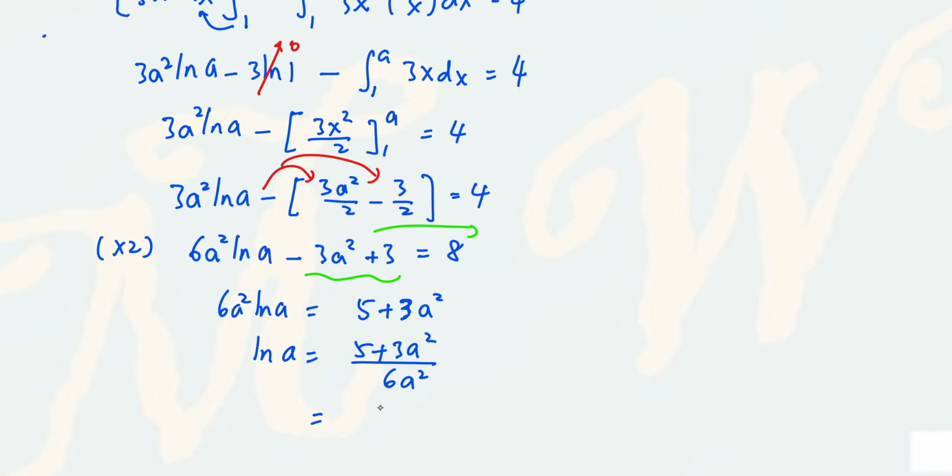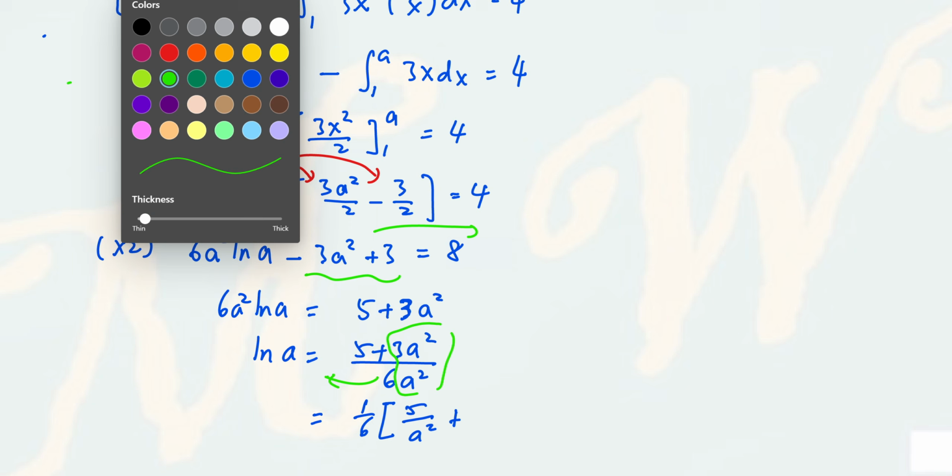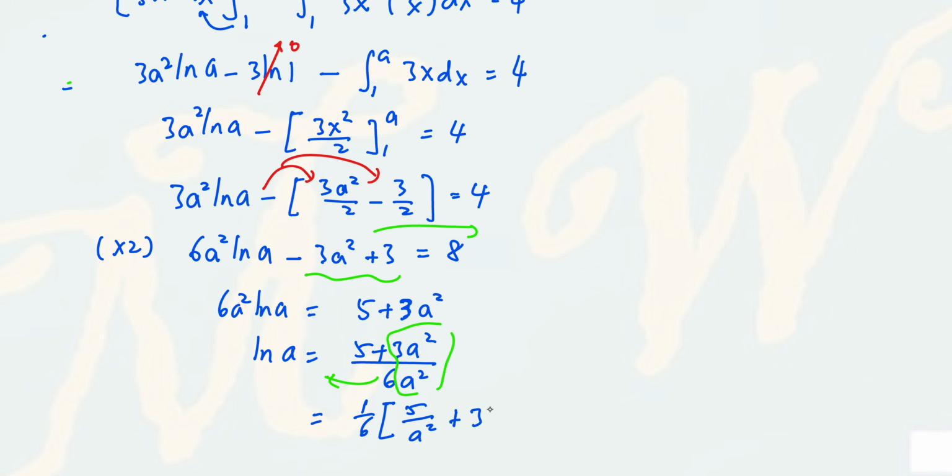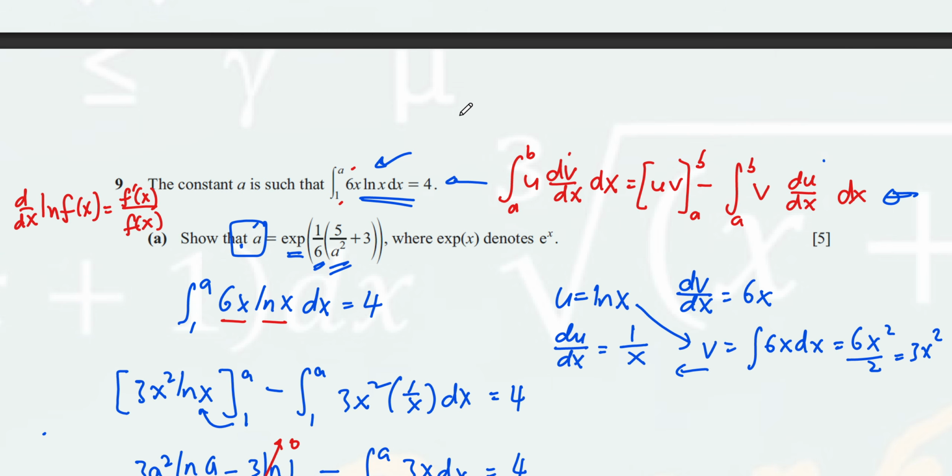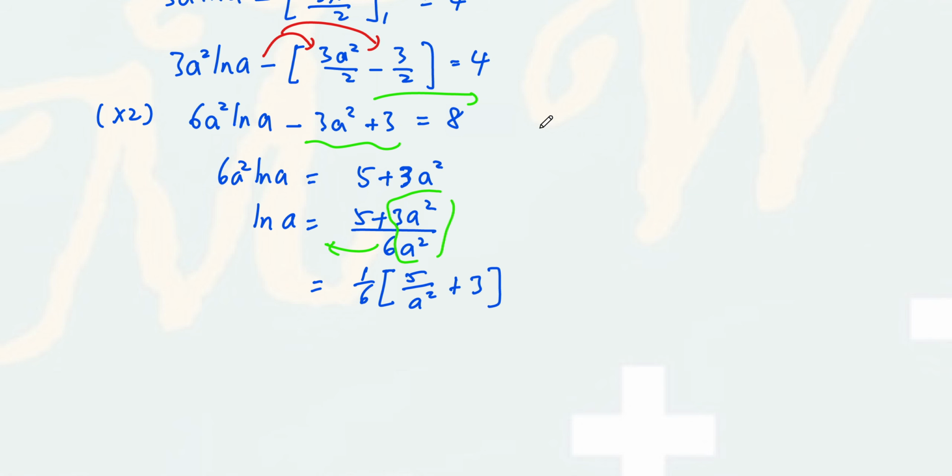So here it will be 1 over 6 taken out, 5 over a squared plus 3, since the 1 over 6 is taken out already, you still have this over a squared. Let's check: 5 over a squared plus 3, then 1 over 6, and exponential.